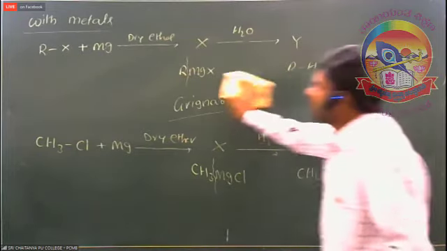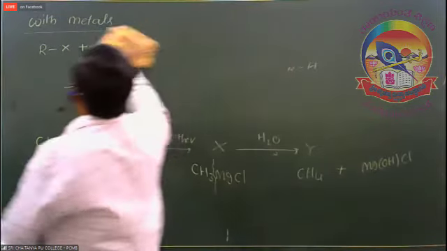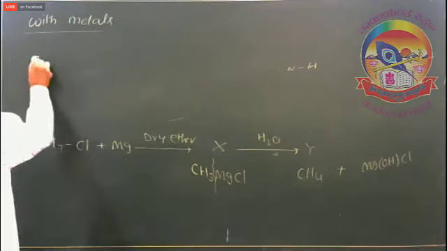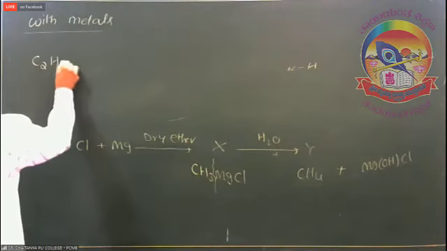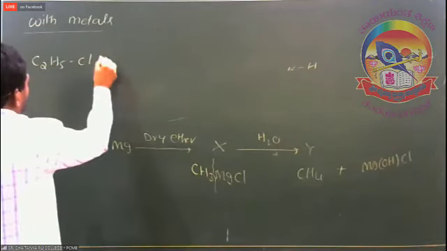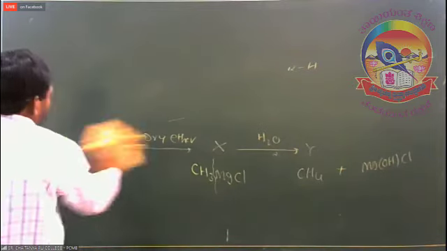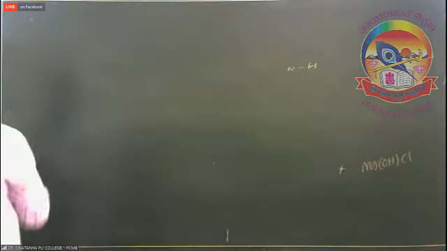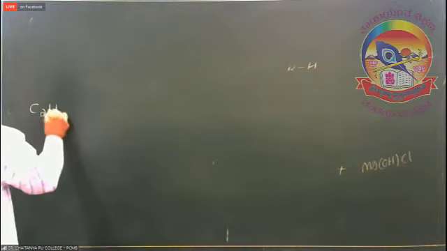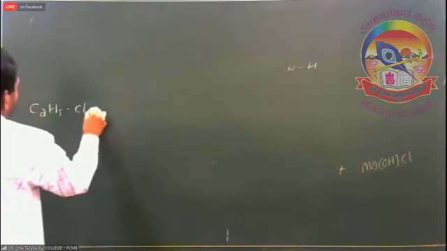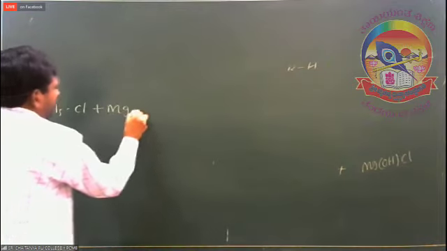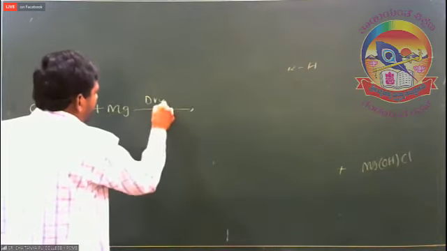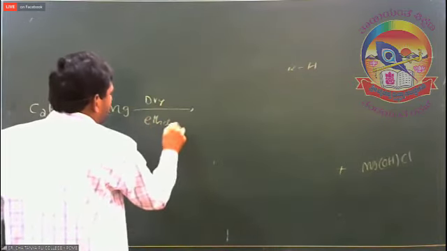If you take ethyl chloride, C2H5Cl, instead of methyl chloride, it reacts with magnesium metal in the presence of dry ether. It is also a very important conversion.